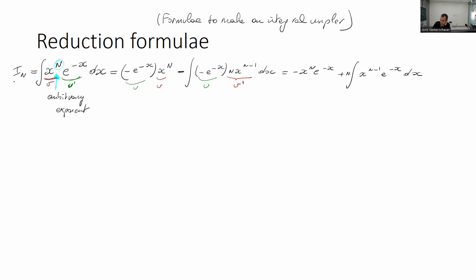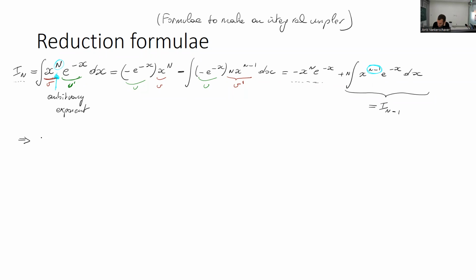We started from the formula for exponent n, and now we have some piece of function here, and then plus n times another integral. If you look at the form of this integral, it's precisely what we started off with, except the exponent is no longer n. Now the exponent is n minus 1. So using our notation, what we've obtained here as the integral is I sub n minus 1. And that's an important realization.